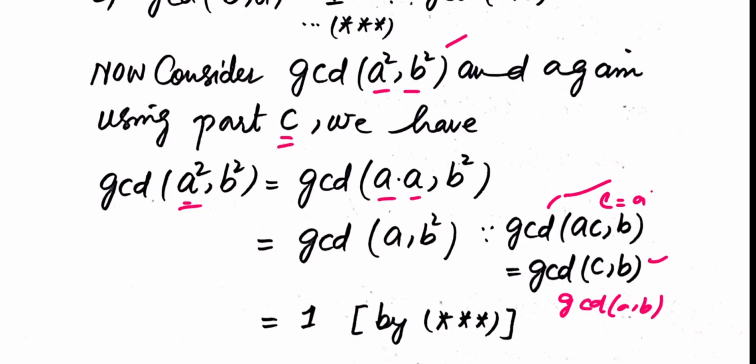C is A. So this is A. What is my B? Here my B is B square. So this becomes GCD of A and B square.